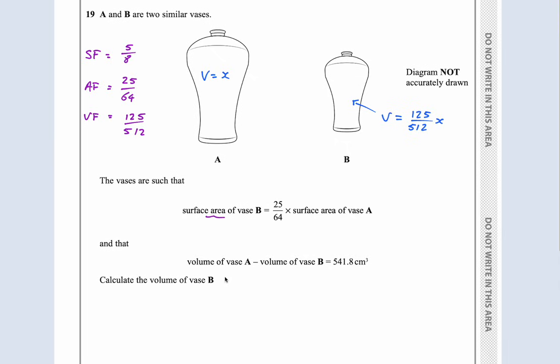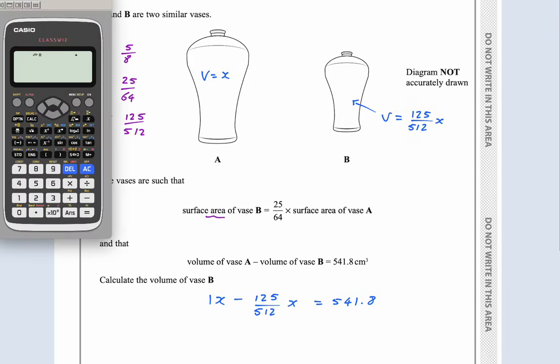Okay, now I can say volume of vase A is X minus the volume of vase B, which is this, 125 over 512 X. And this equals 541.8. And now we can just solve for X. So a number of ways we can do this, guys. This is like 1x minus 125 over 512x.